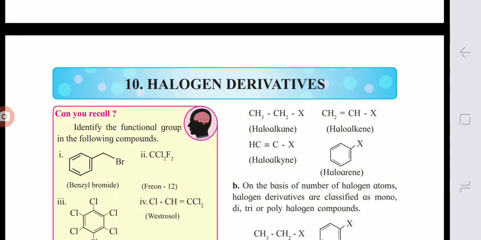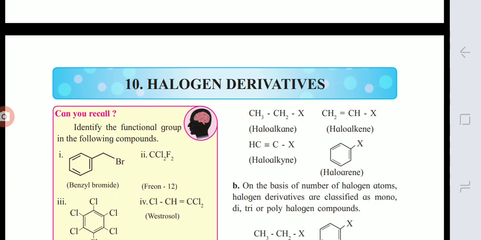The word derivative indicates that the compounds can be obtained from their parent compound. So if we see the halogen derivatives of alkane, your parent compound is alkanes.